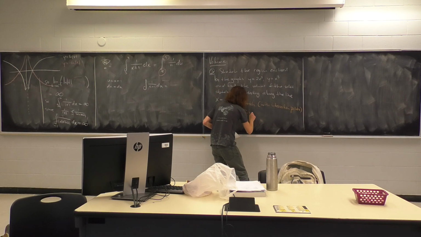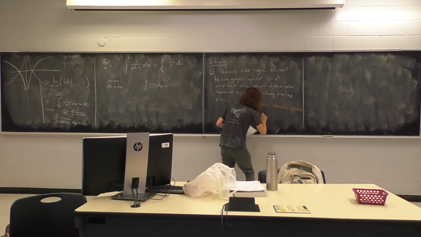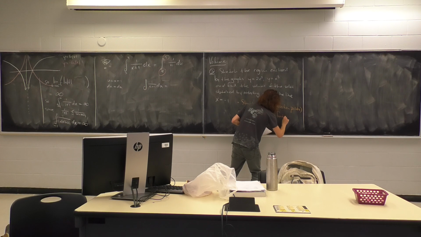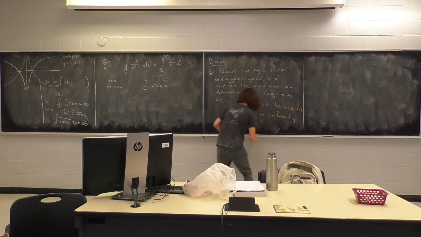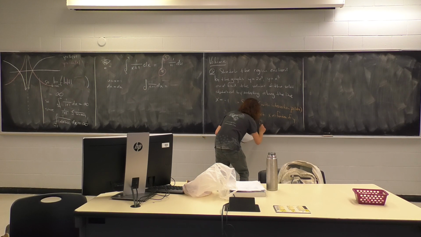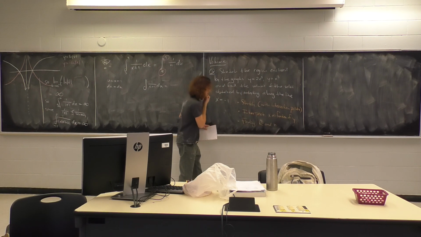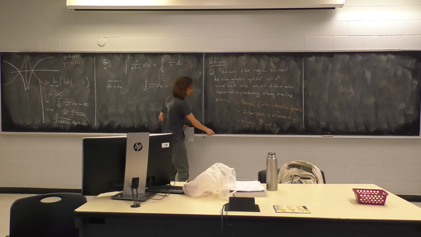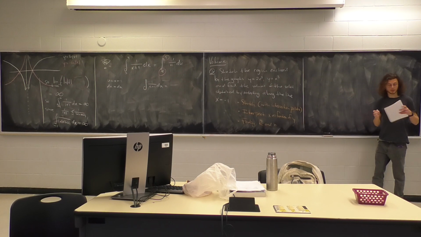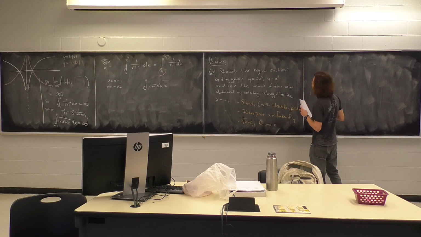And since we're rotating around a vertical line, we have to make the step of interpreting x as a function of y. And then thirdly, finding big R and possibly small r. If it's a disk, it will suffice to find a big R, but we might have to find a small r too.